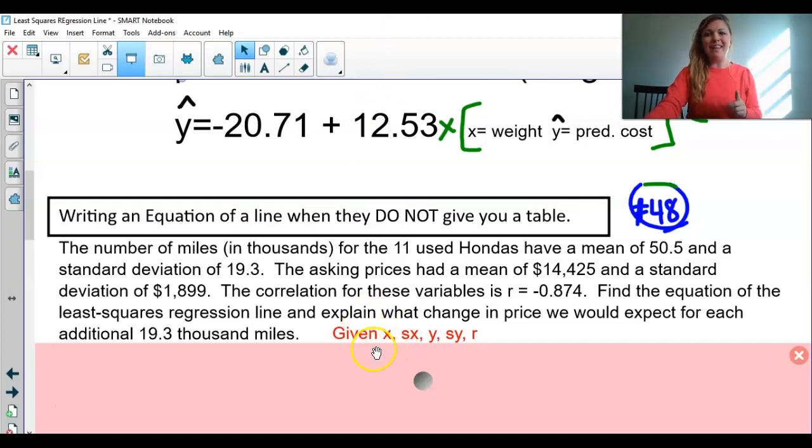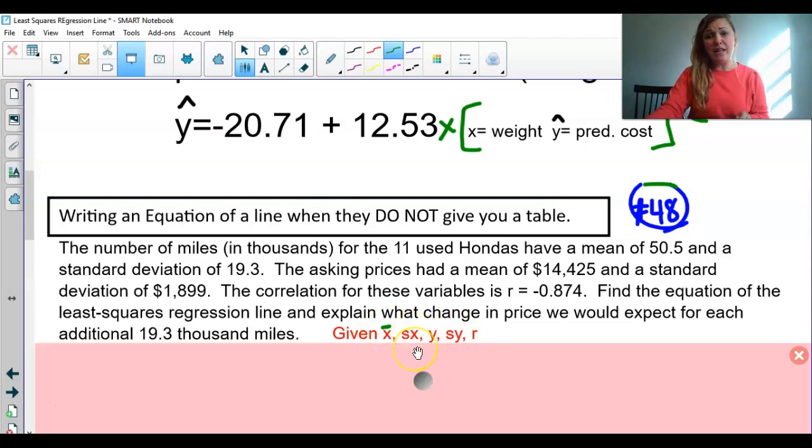Okay, notice what you are given. You are given the mean for the X variable and the standard deviation for the X variable. You're given the mean for the Y variable, the standard deviation for the Y variable, and you're given the correlation coefficient for both of them. Now, maybe you're thinking, what is the X? What is the Y? I don't know. Take a deep breath.